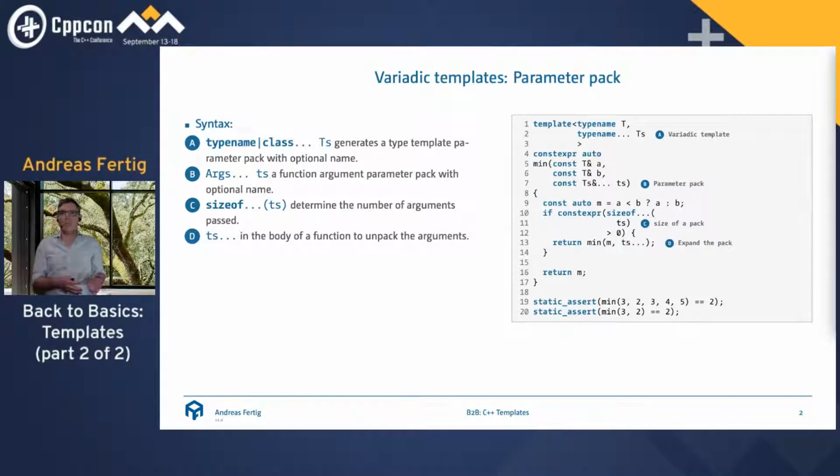So a variadic template starts, as every other template, of course, with the template keyword and the angle brackets. I'm sure you learned that in the first part. And a variadic template is created by having three dots after typename or class. It's the ellipsis operator.